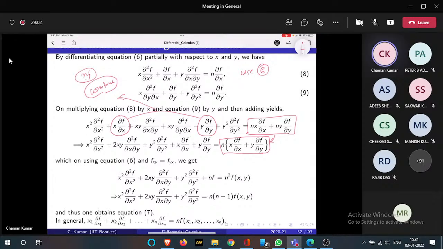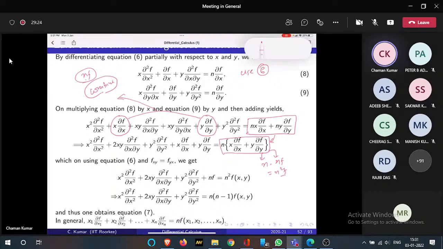And on the right hand side, n is already there. The term in the curly brace will give you n into f. So you get n square f. So this term will become n square f on the right hand side. The rest of the terms, we do not do anything with.